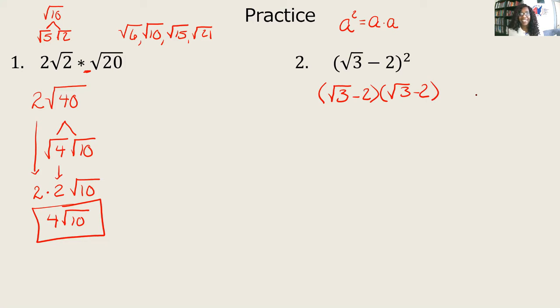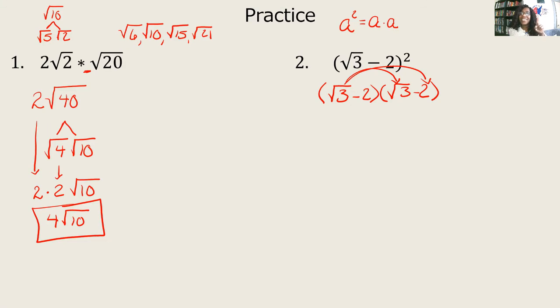All right. So now it should look familiar from when we were doing either the FOIL or the box method. I'll do FOIL for you. We have the square root of 3, and we're going to multiply that to everything in the second parenthesis. So square root of 3 times square root of 3.